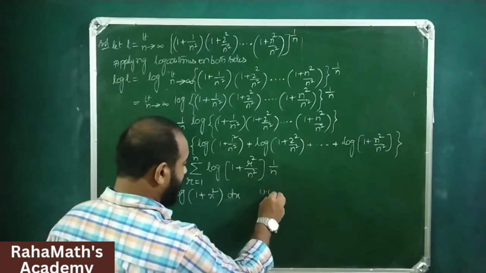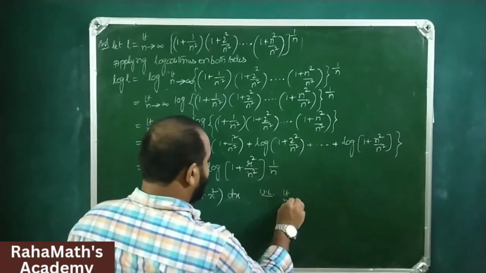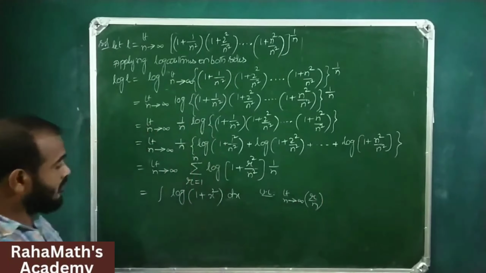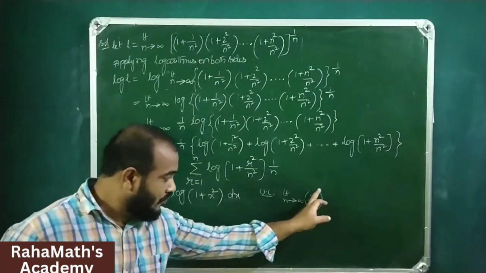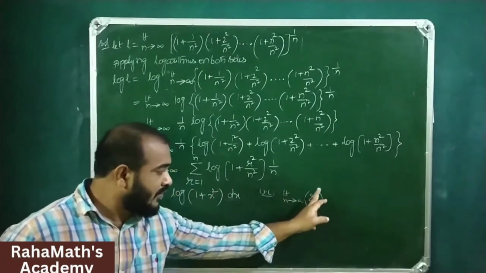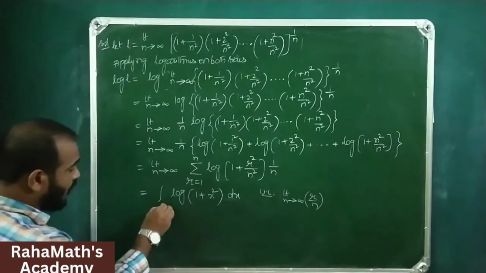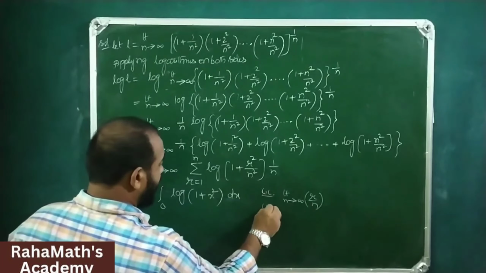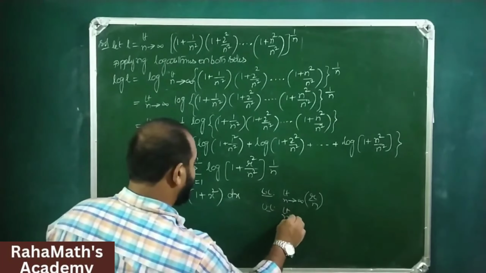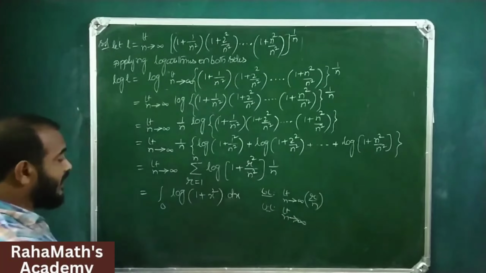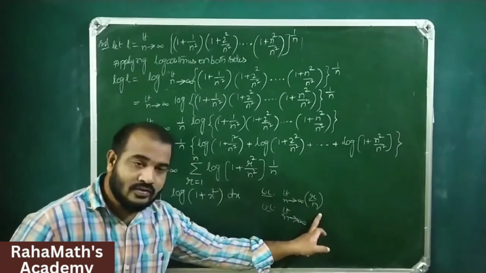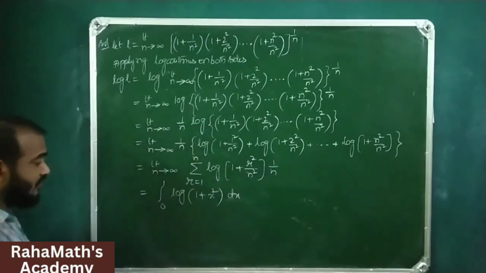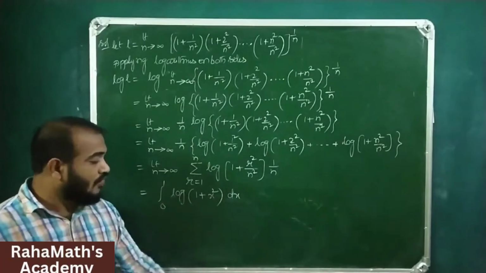Lower limit: r is 1, so 1/n, limit n tends to infinity, is 0. Upper limit: r value is n, n by n, which is 1. So this is integral 0 to 1 of log(1 + x²) dx.